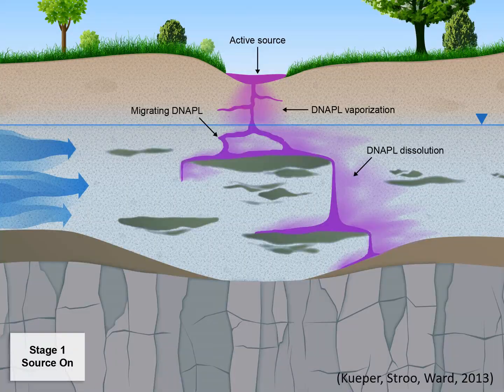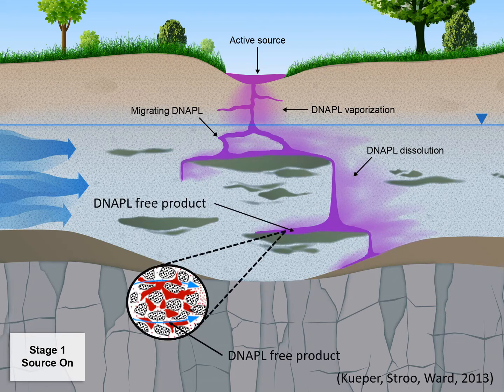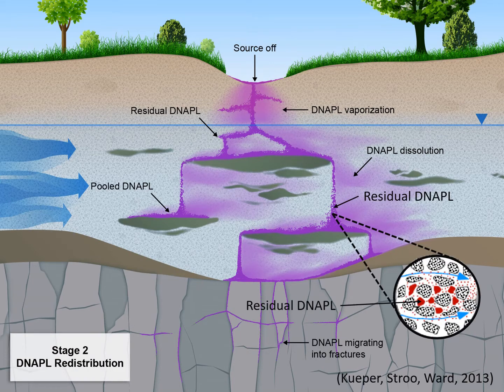So following release at the surface, a NAPL, which in this case we're looking at a DNAPL, will migrate vertically downwards, penetrate the water table and then redistribute in response to the local lithological variations. And we end up with a complex and heterogeneous distribution of DNAPL, which comprises both free product and residual DNAPL.